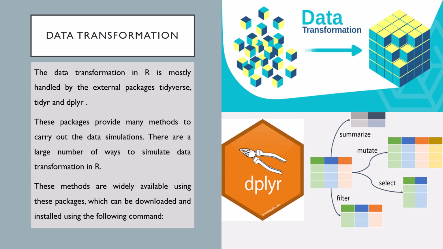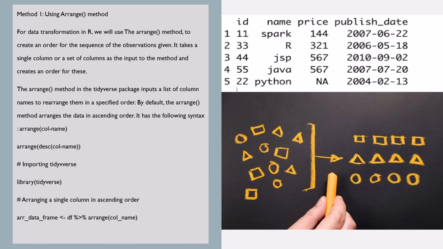There are a large number of ways to perform data transformation in R, and these methods are widely available using these packages. We can download or install them using the command install.packages in brackets, then in quotes write the package name. So we are looking at the methods of data transformation in R.